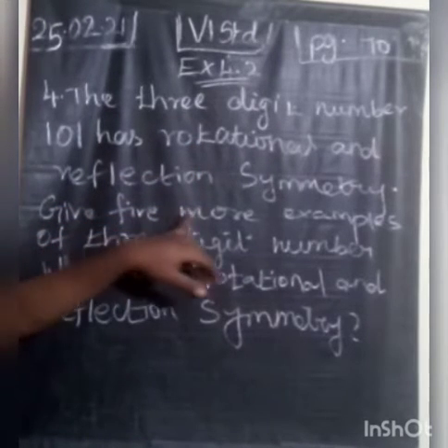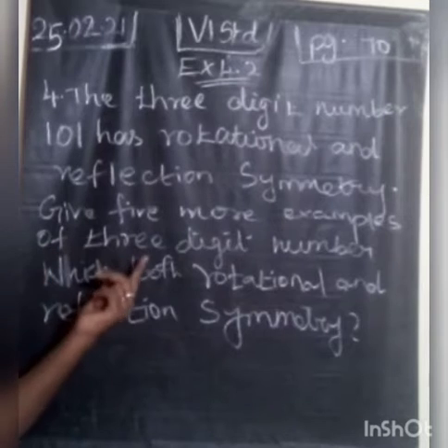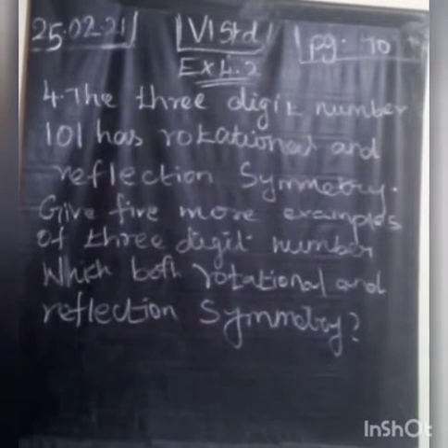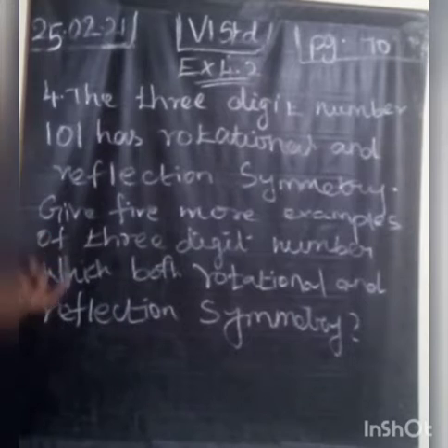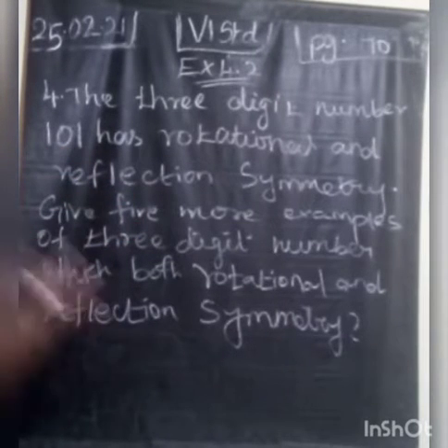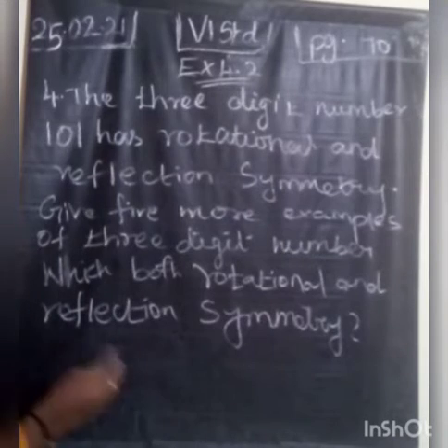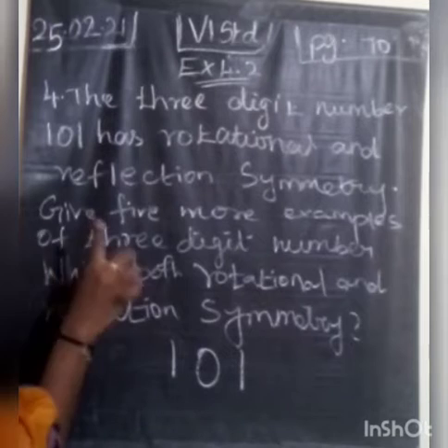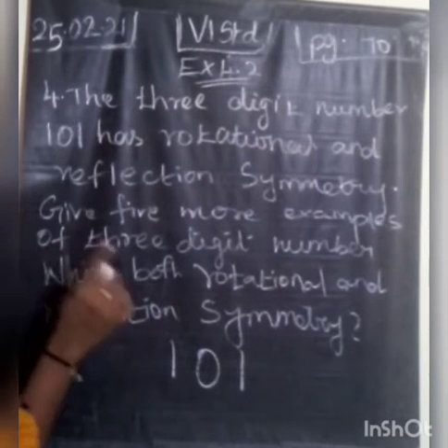Give 5 more examples of 3-digit numbers which have both rotational and reflection symmetry. In this problem they are given a 3-digit number 101, which has rotational and reflection symmetry.